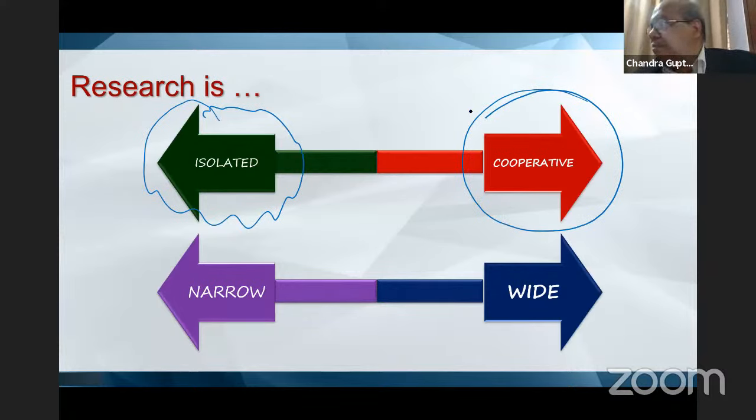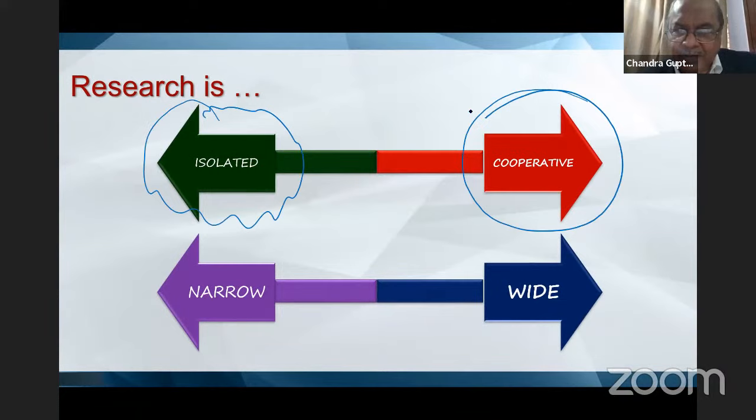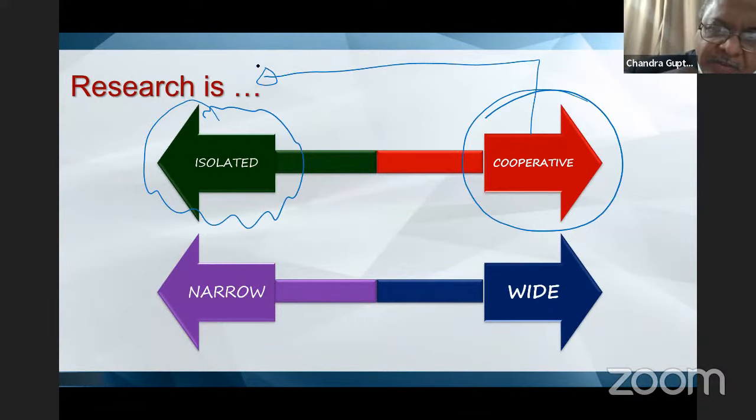Many times you will feel that you should be left alone, no disturbance, nothing like that. You want to be isolated. But at times, you want to go to the people, talk to the people, interact with the people. In that sense, I'm saying it's cooperative. So it's a cooperative venture as well as isolated.